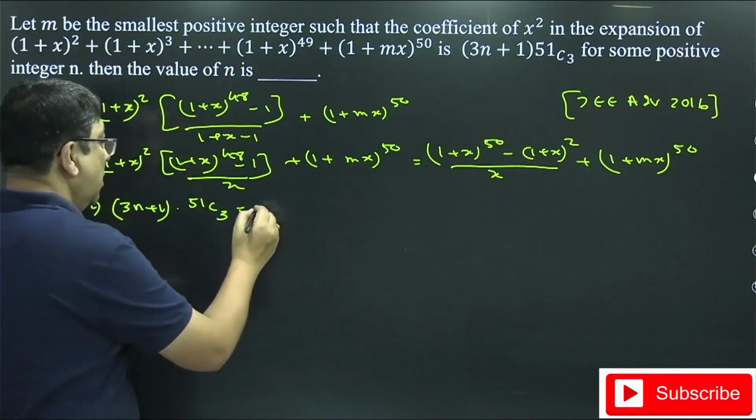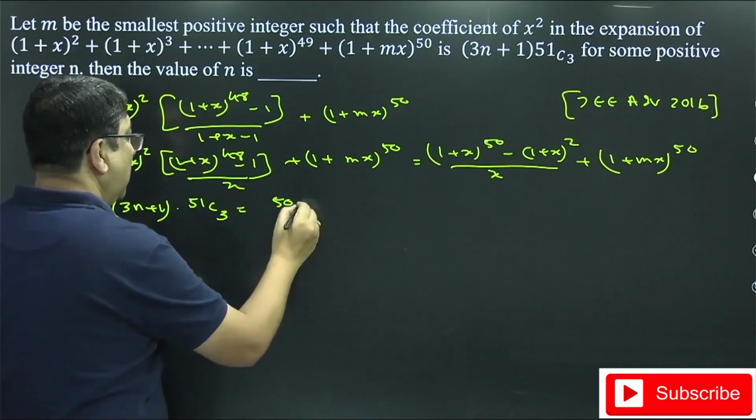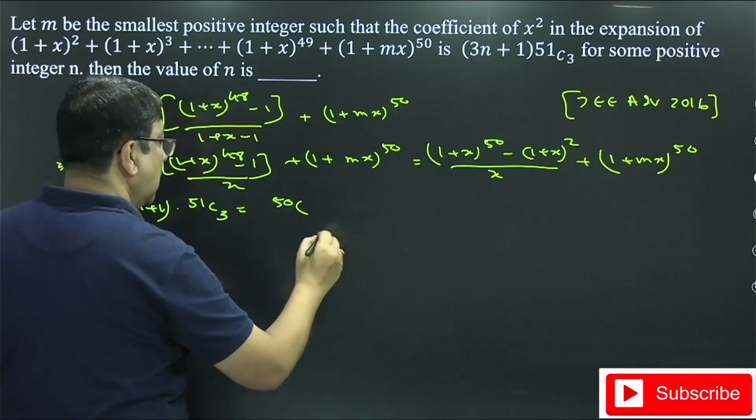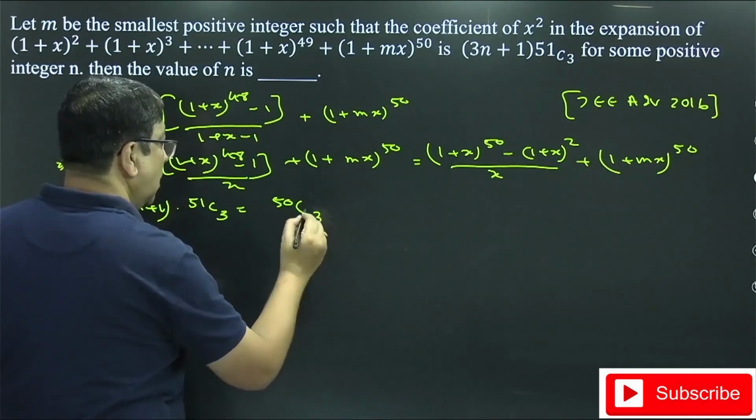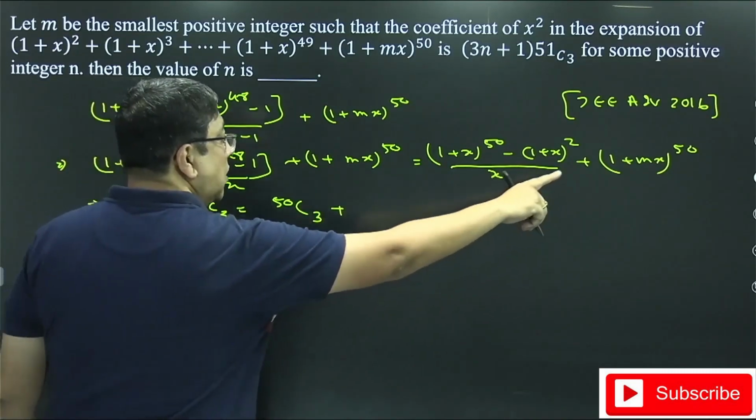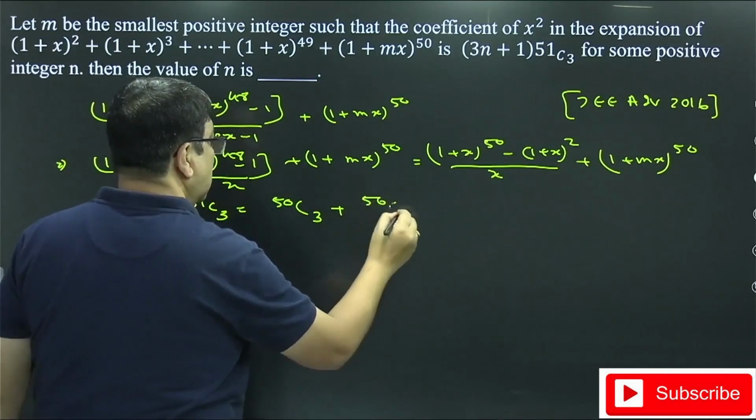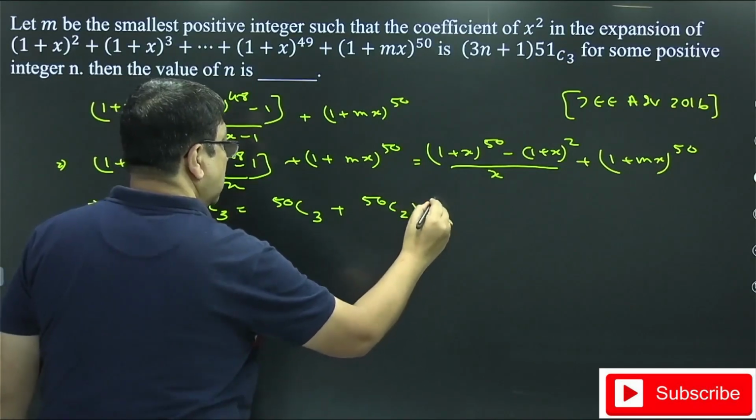So we get 50C3 plus, in this case, the coefficient of x to the power 2 is 50C2 into m square.